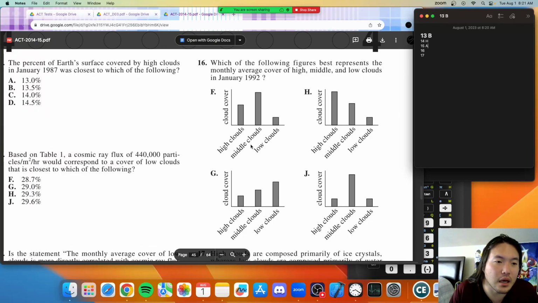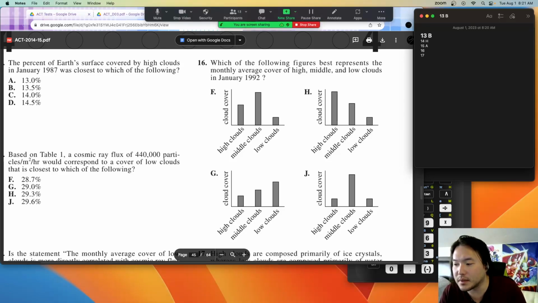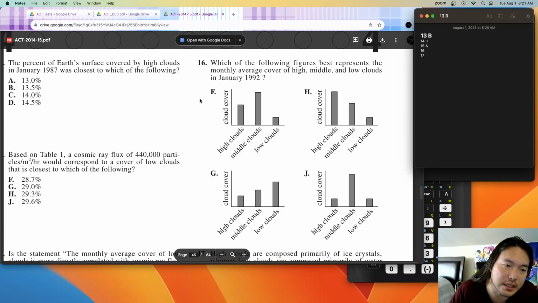16. Which of the following figures best represents the monthly average cover of high, middle, and low clouds in January 1992? Okay, so here I'm definitely taking notes, right? This is one of those questions where if you're working on paper, it becomes a lot easier. But just take notes anyway. It's not too bad in the digital version, like on a PDF.